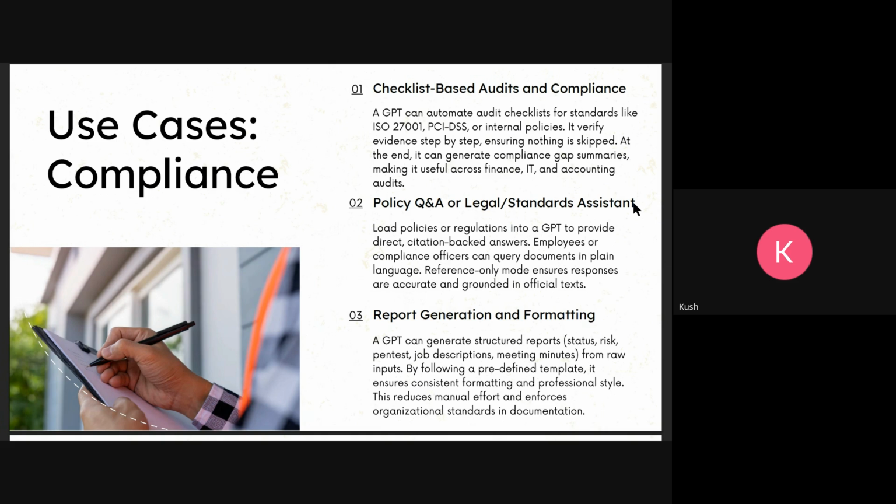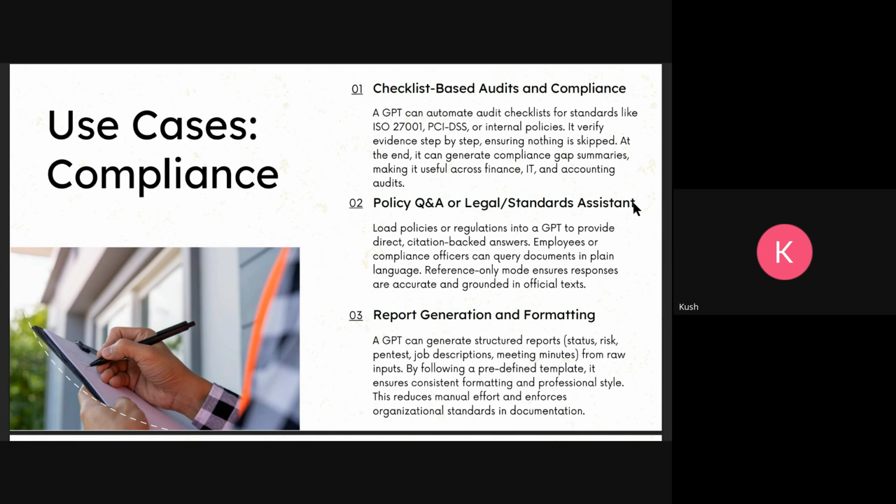During our practical GPT, we saw that from the IS policy, it also stated that the section is from page 4 to 7, and we have checked that it was in accordance with how we wanted it. So I personally feel that this policy Q&A or legal standard assistant is far more useful in our industry.